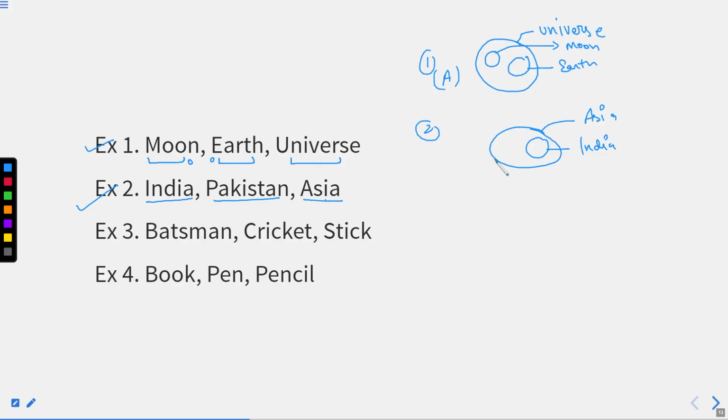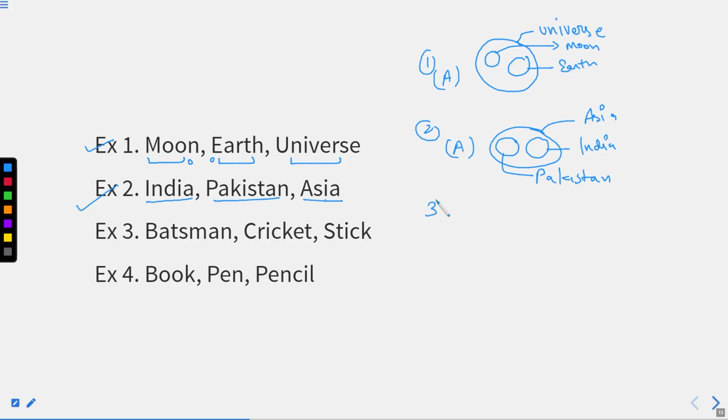We know that we used to consider Pakistan as a part of India, but as of now, Pakistan is a separate country. So Pakistan is a different country. Don't you think we have represented all three things with the help of this diagram? So again, option A is correct, from the options that we have read earlier in the previous slide.